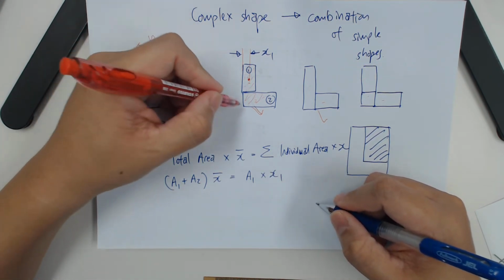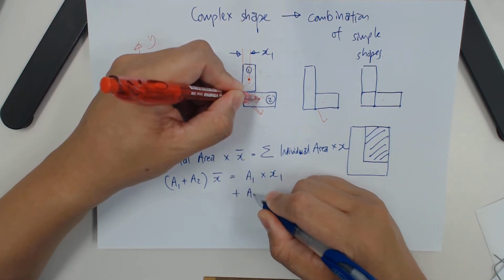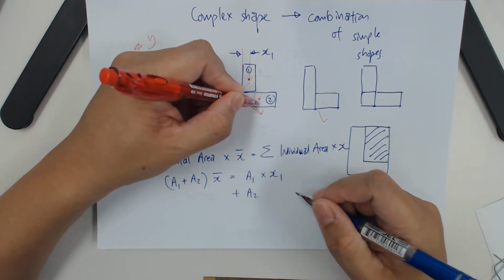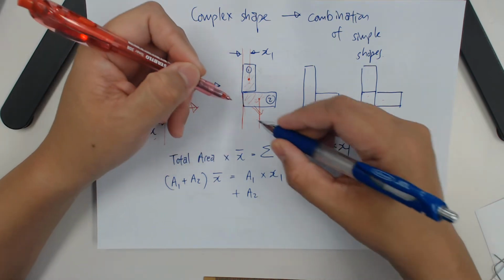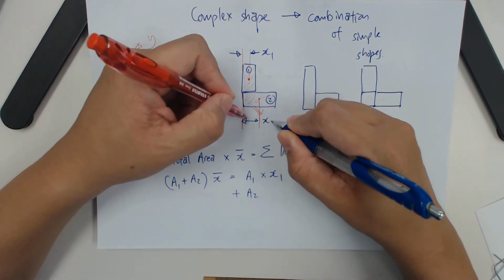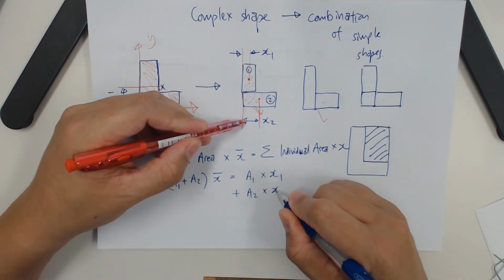And the second area, plus A2 times its own x bar, the x bar of rectangle 2, we will call it x2. So times x2.